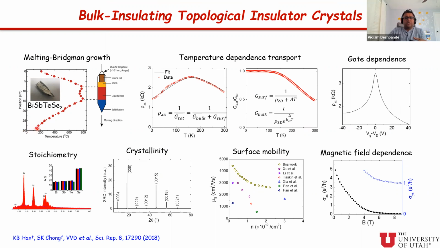The thing that I want you to take out of this slide is that if I look at this plot here of the ratio of the surface to the total conductance, below about 100 Kelvin or so, you are essentially dominated by the surface conductance, right? And the surface mobilities are also reasonable enough, a few thousands, that you can start to think about doing more interesting stuff. Okay, so what is it that we did with these materials?